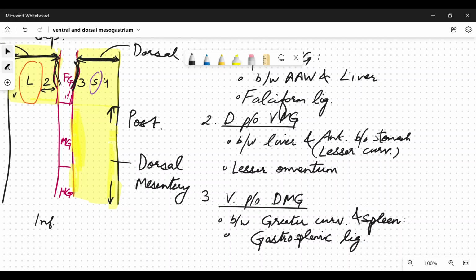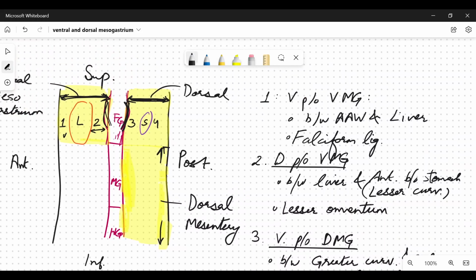However, the cranial part of the structure stretches between the greater curvature of the stomach and the diaphragm. See, the roof of the abdominal cavity is formed by the diaphragm. So the cranial most part of this ventral part of the dorsal mesogastrium stretches between the greater curvature and the diaphragm.